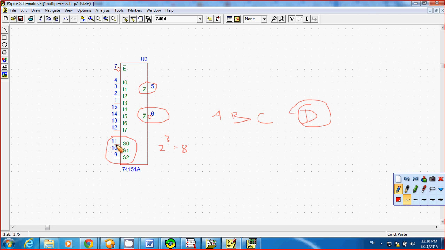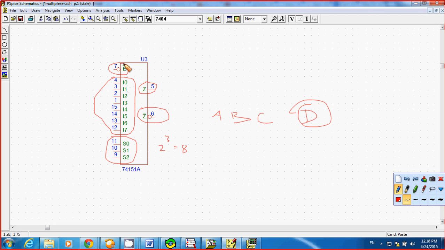So we're going to input this signal ABC through the input pins of the multiplexer, which are S0, S1, and S2. And this is what we're going to design and make a circuit connection through these pins.